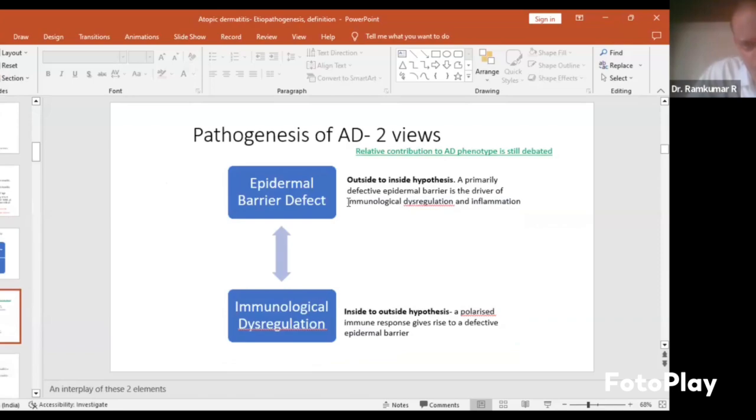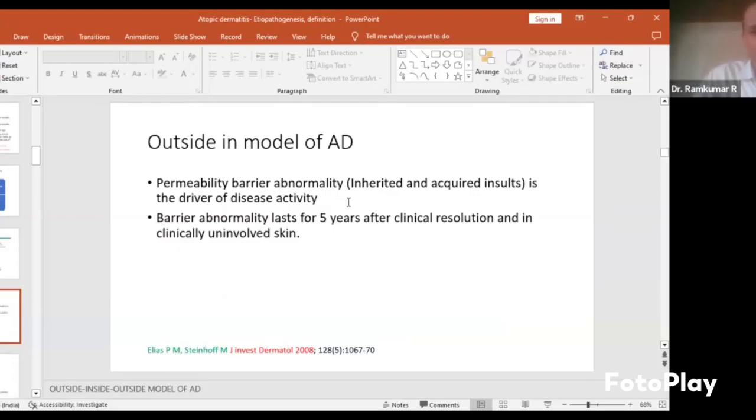There are two views of atopic dermatitis. One view is that it is primarily an epidermal barrier defect and secondarily immune dysregulation. The other is that immunological dysregulation is the primary issue, and subsequently the epidermal barrier defect is a manifestation secondary to it. We will expound these two views in our later slides.